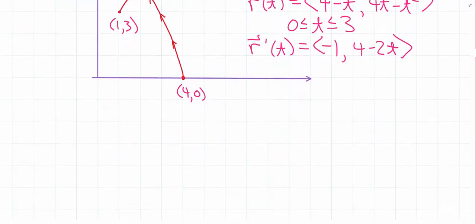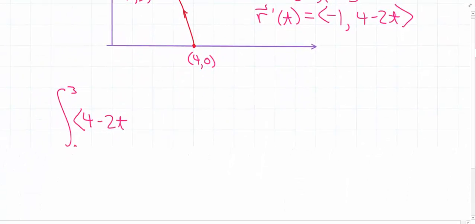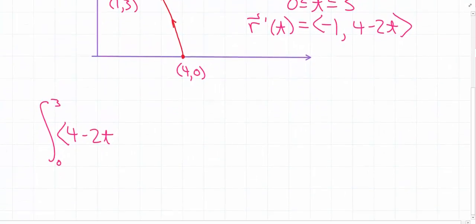So now, okay, so I'll do this. And by the way, I'm going from 0 to 3 here, 0 to 3. Now in place of y, I'm going to put 4 minus 2t. Is that right? Is that how this thing worked? It was y and then x squared. Okay. Oops.